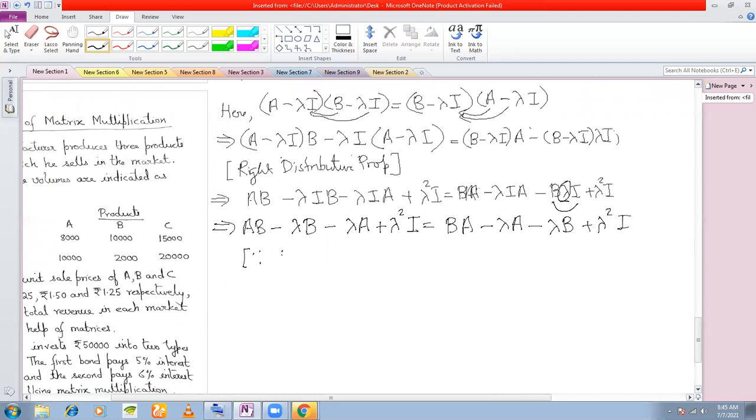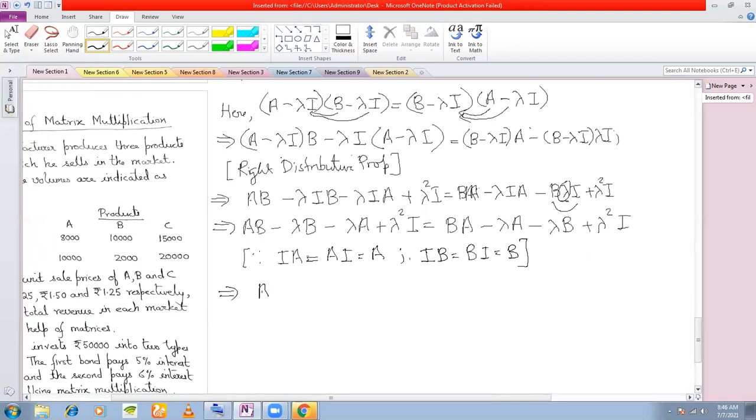Since IA is equal to A, IB is equal to B. Or you can write IA is equal to AI. This is the property from matrix multiplication that we have done, is equal to A, IB is equal to BI is equal to B.